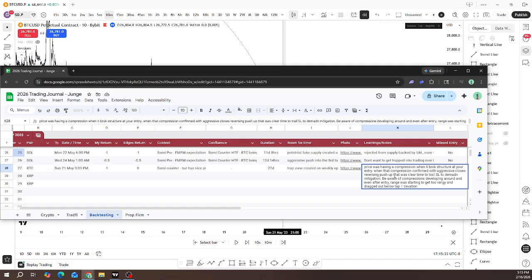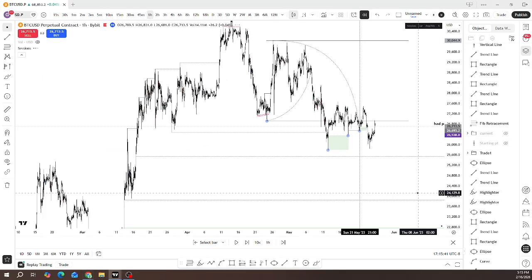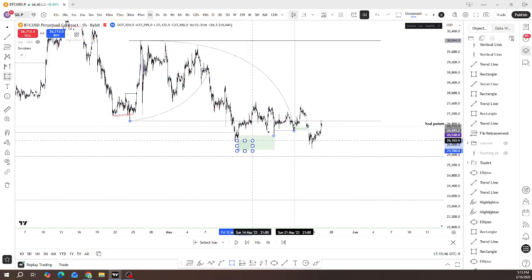It was starting to get rangy and dragged out below the top one deviation. As you can see, we had a lot of ranging price action.